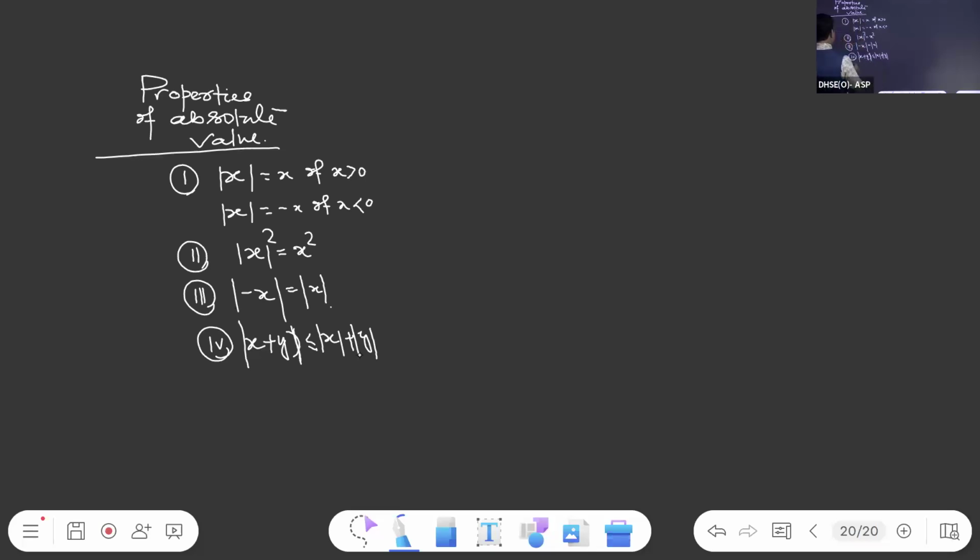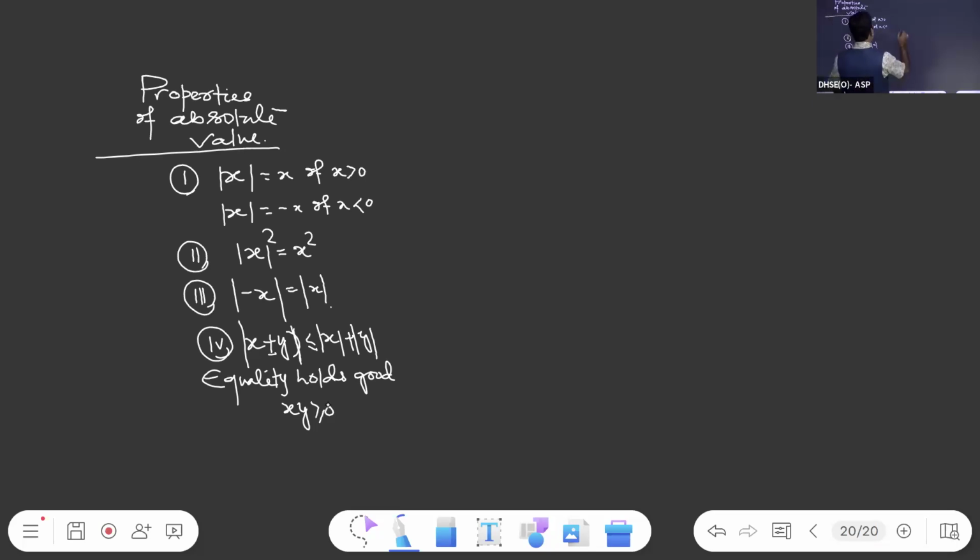Write down, equality holds good when both x and y are of the same sign or one of them is 0, and its equivalent mathematical expression is xy greater than or equal to 0, right?